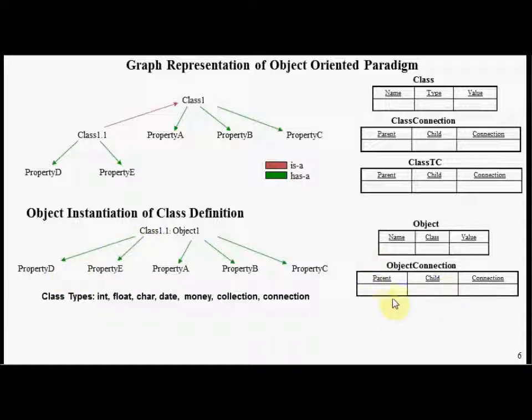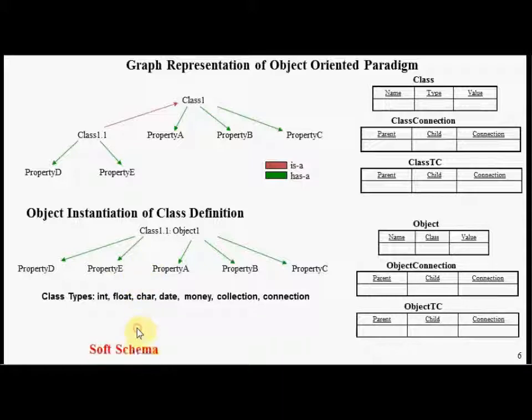So it's a parent-child pair, again with connection type. And we have a transitive closure table associated with our object graph, and assume here also that this transitive closure table is maintained automatically whenever nodes or connections are added or deleted. So this whole paradigm I'm describing with these 6 relational database tables is something known as a soft schema.